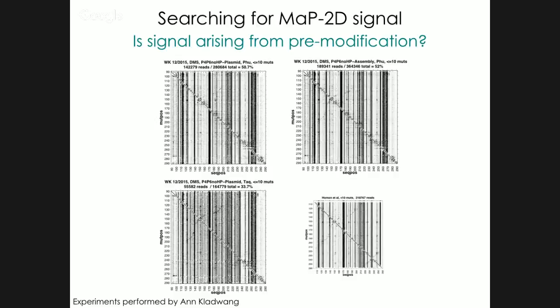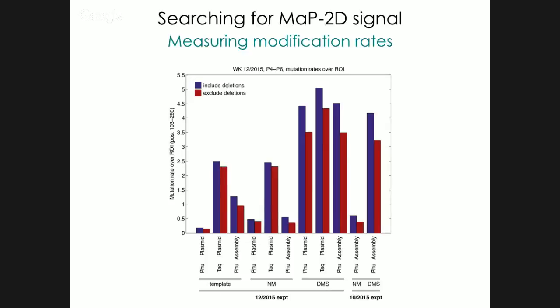Cool. So I also did an analysis where I measured the overall modification rates over the P4, P6 sequence. This was basically just to confirm the amount of modification that was occurring in the template itself, versus a condition where the RNAs were not treated with DMS, versus the condition where RNAs were treated with DMS.